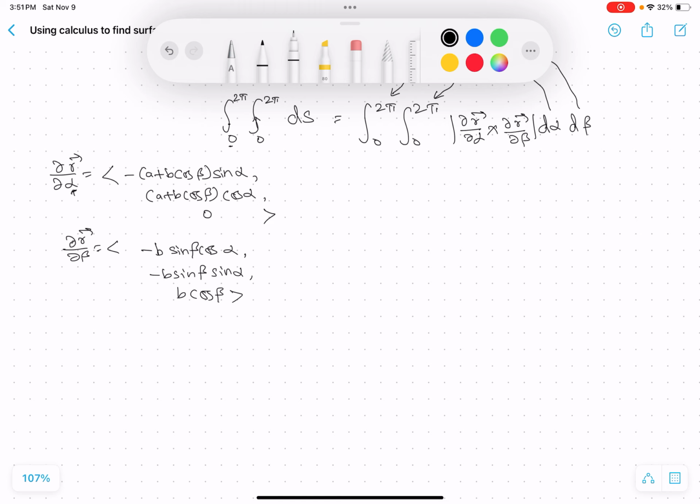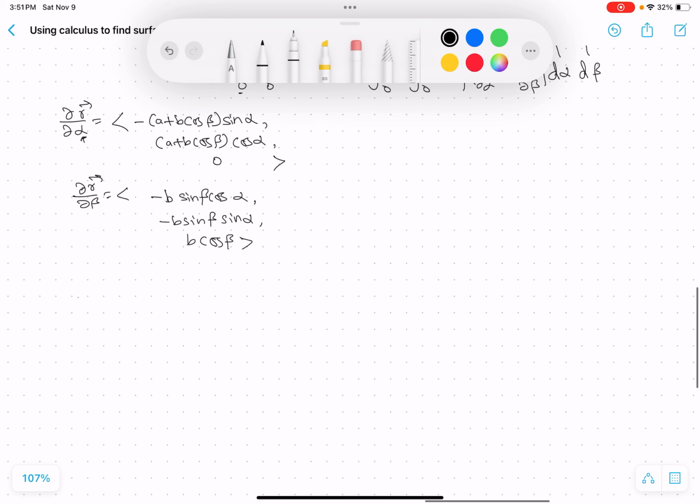So dr vector d alpha cross dr vector d beta will just be the determinant with i j k. I need to make some space over here because these expressions are long. i j k.